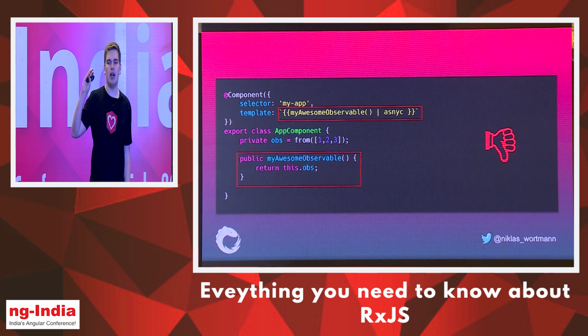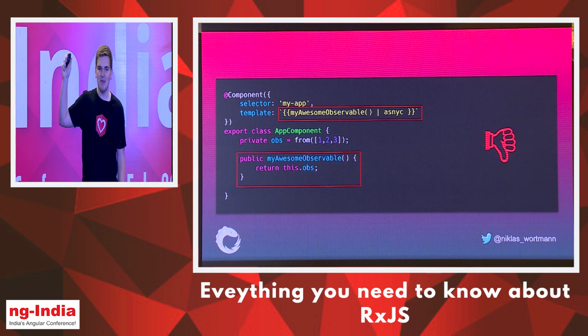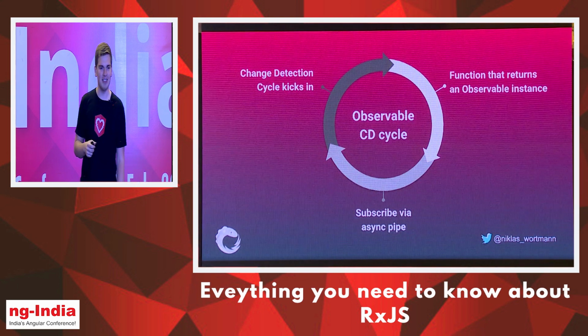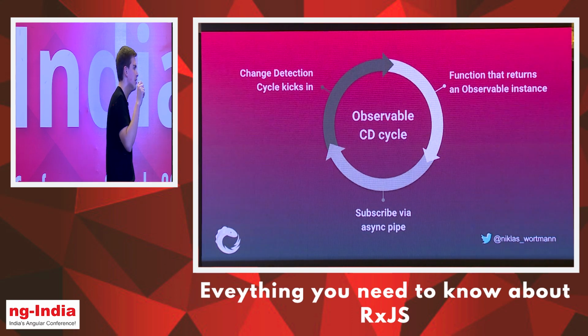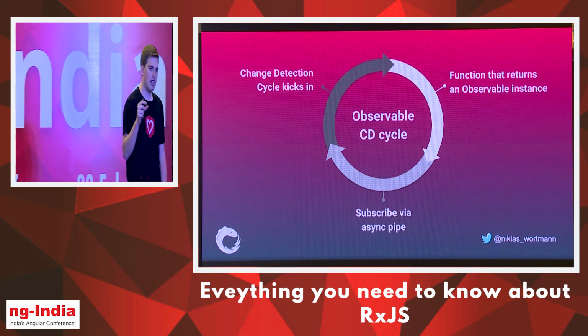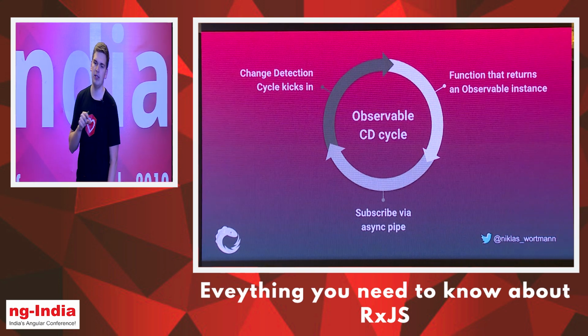Who of you knows how functions behave in change detection cycles? Awesome that I made such a highly sophisticated diagram. So what happens if you pass a function to a template? Every time a change detection cycle happens, this function is re-evaluated.